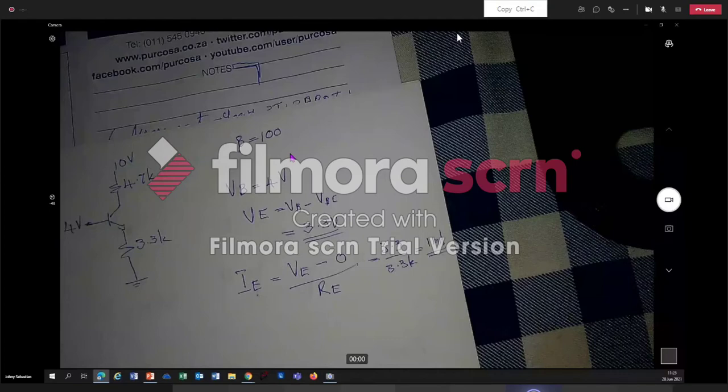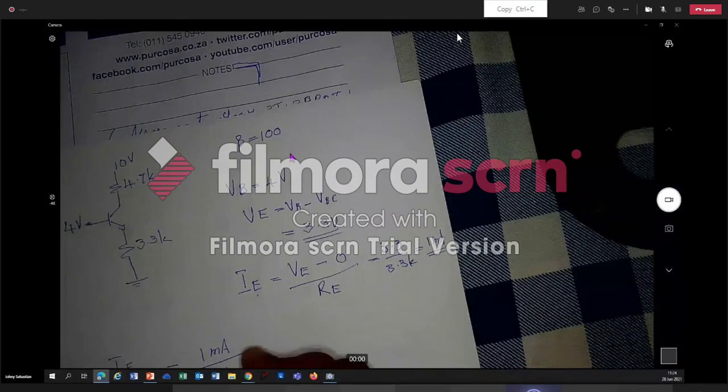Sorry, that is the emitter current. We can work out the base current. Base current is emitter current divided by beta plus 1. That is 1 milliampere divided by 101.